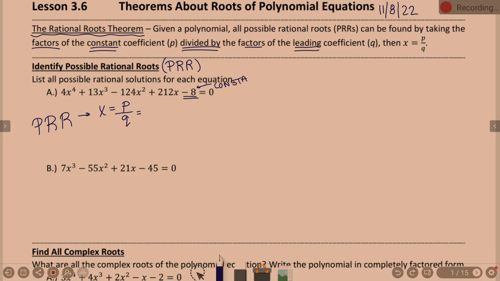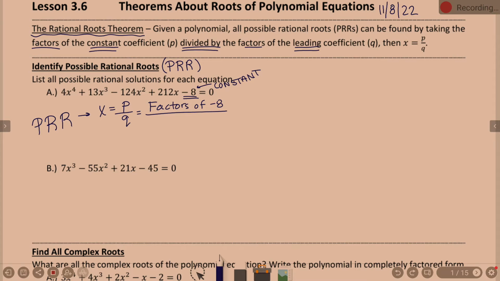So on top, we're going to be looking for factors of negative 8. That's what P is going to be, whatever factors of negative 8 there are. The denominator is Q, and that's factors of the leading coefficient.